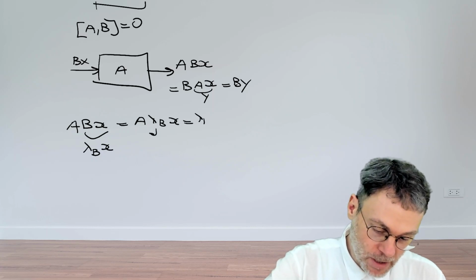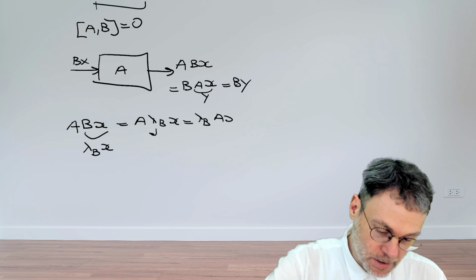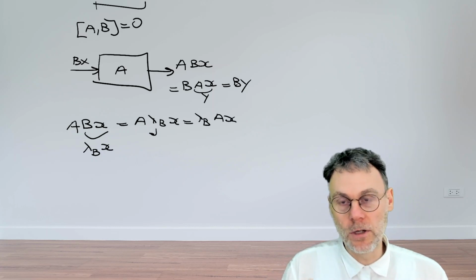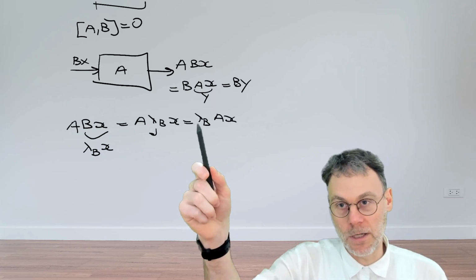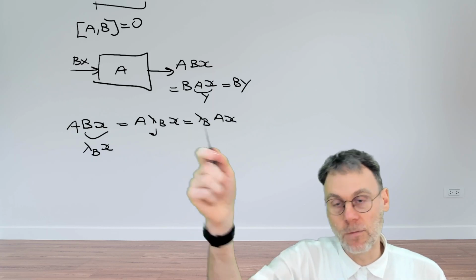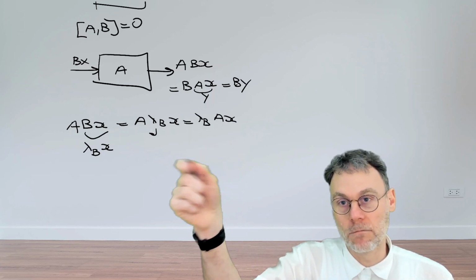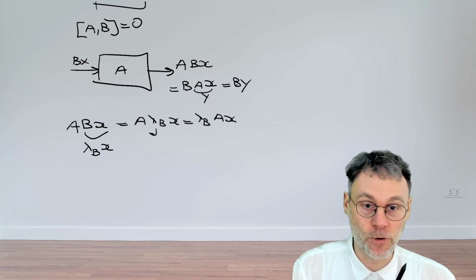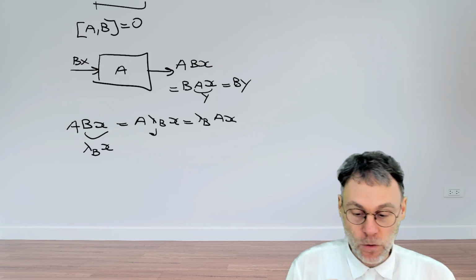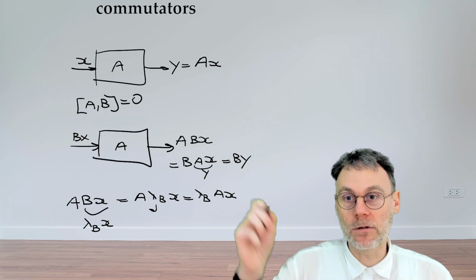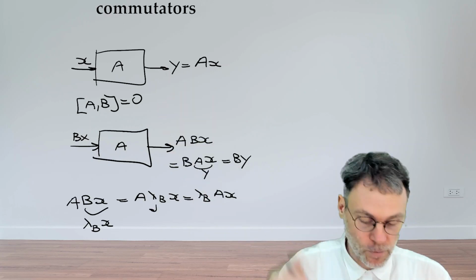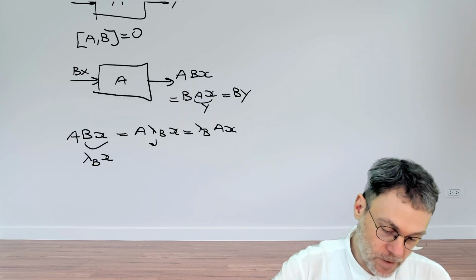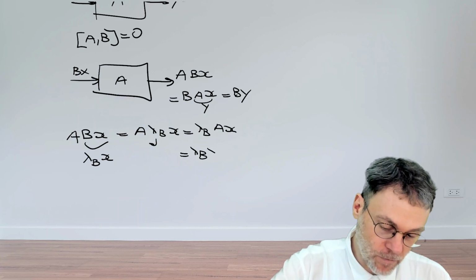So we have lambda_B Ax. So now we no longer need to worry, apparently, about the order of A and B, because it's just a multiplication with a scalar, and we can bring this outside the operator without any problem. We also know that Ax was our original output y, so we actually have here lambda_B y.